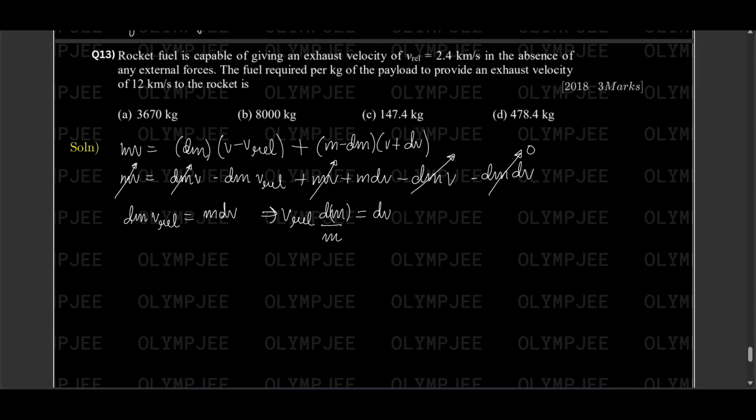Now the rate of change of mass is negative, but the rate of change of velocity is positive, so we must add a negative sign so that both sides become positive.